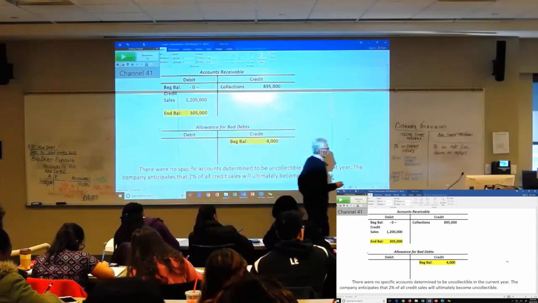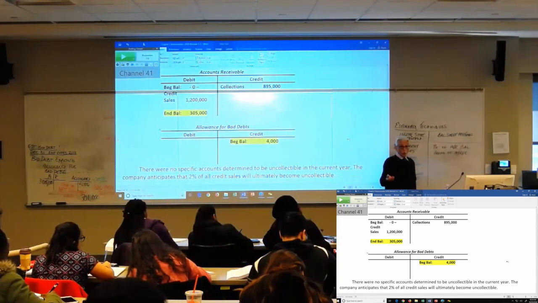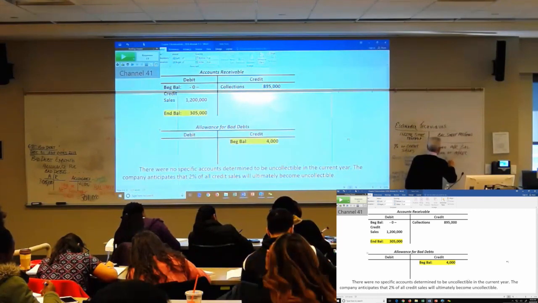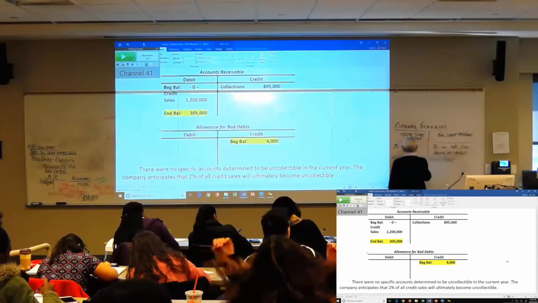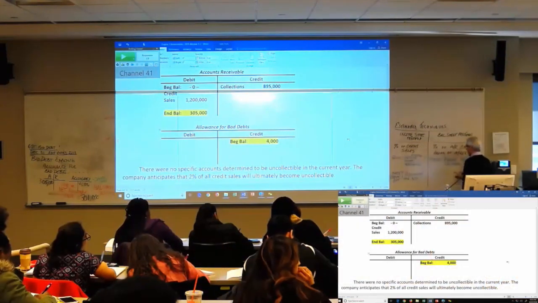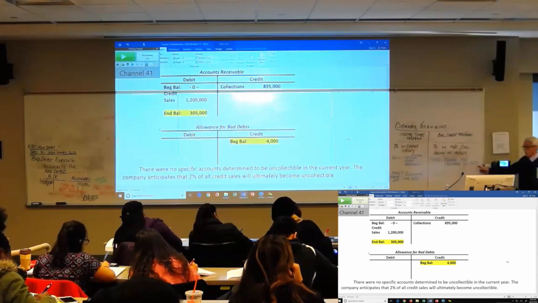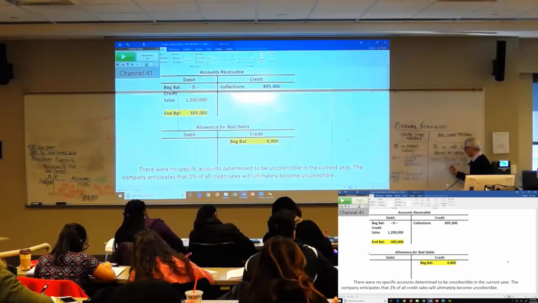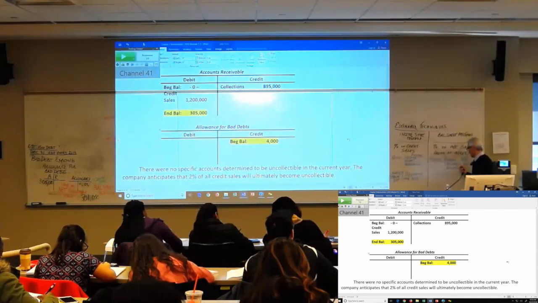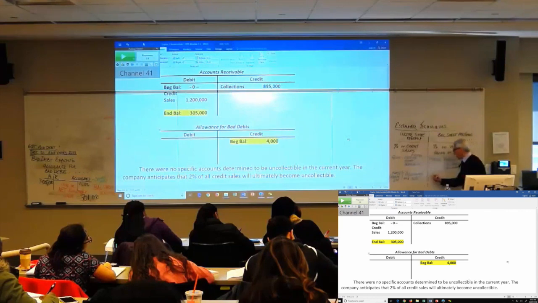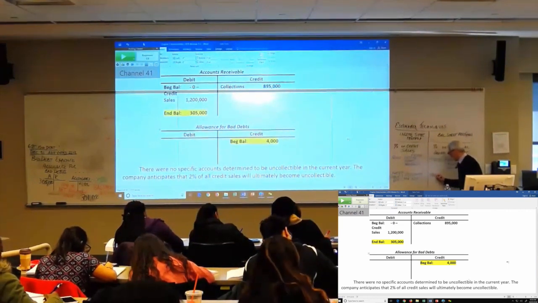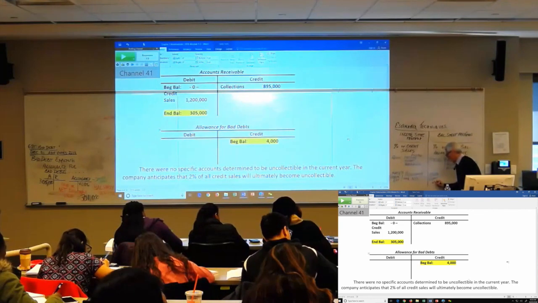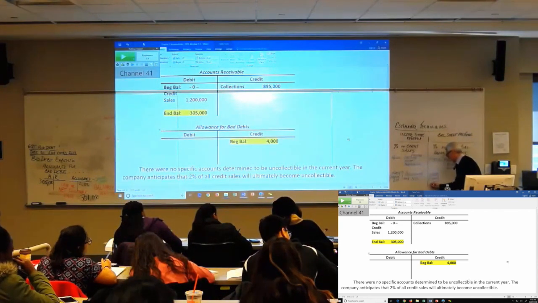The balance sheet approaches, percentage of receivables or aging, focus on properly valuing the receivables, your net realizable value. So your focus is on the allowance account, and you force or trade off the expense.